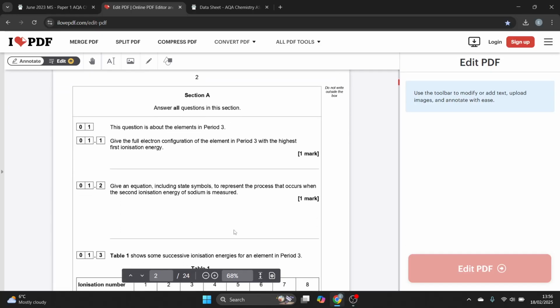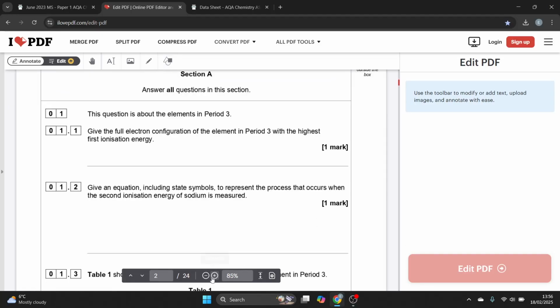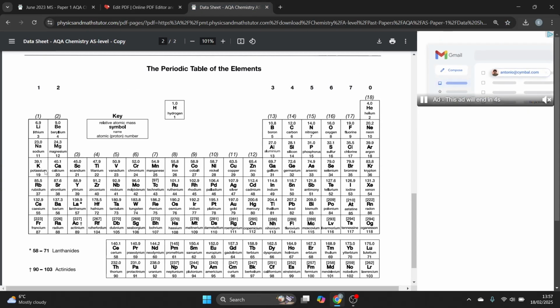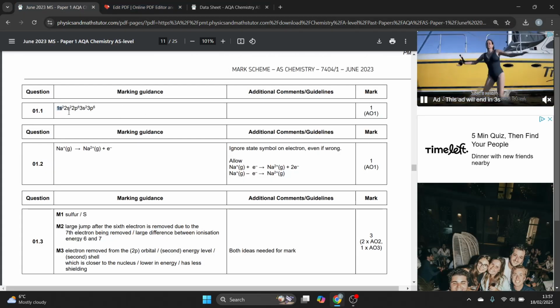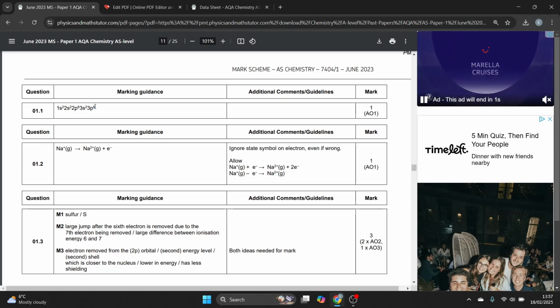Question 1.1 gives the full electron configuration of the element in period 3 with the highest first ionization energy. 1s2, 2s2, 2p6, 3s2, 3p6.